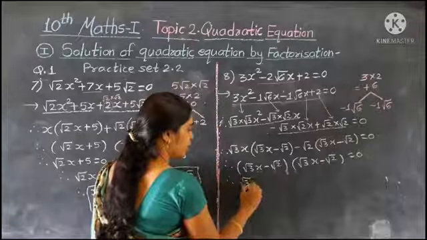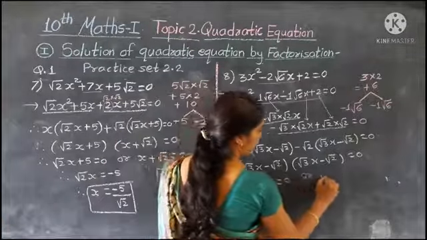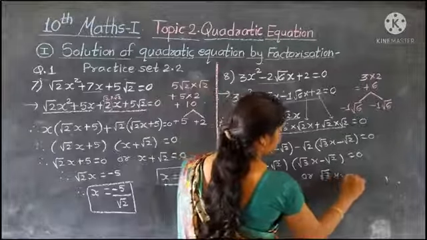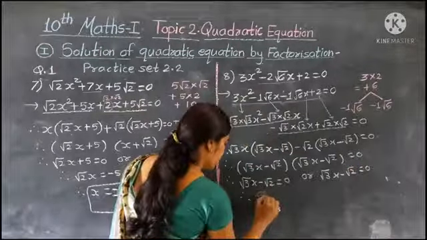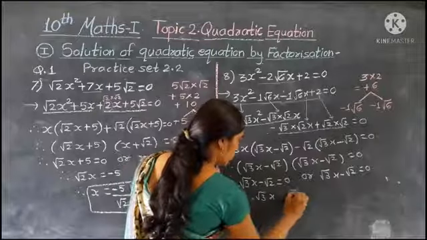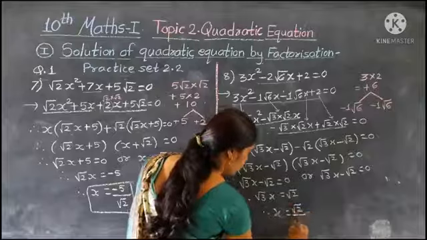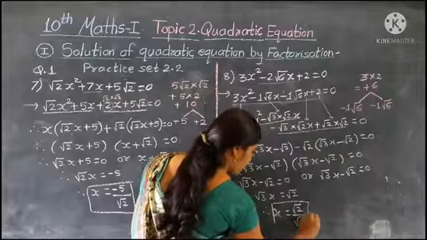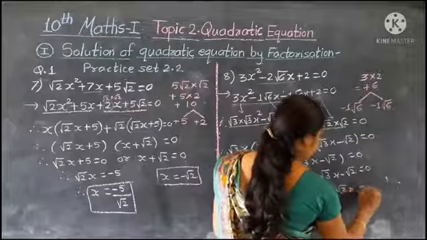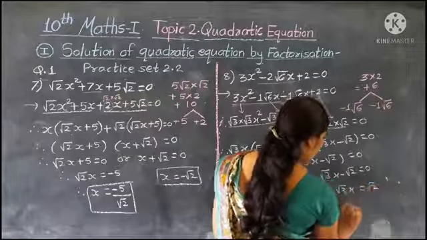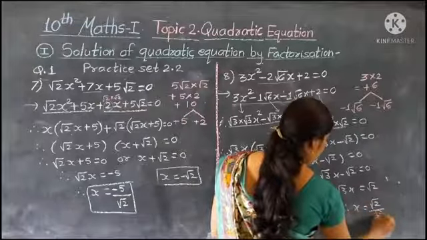Therefore, you write root 3x minus root 2 is equal to 0 or root 3x minus root 2 is equal to 0. Therefore, you get root 3x is equal to root 2, x is equal to root 2 upon root 3. And here root 3x is equal to root 2. Therefore, x is equal to root 2 upon root 3.